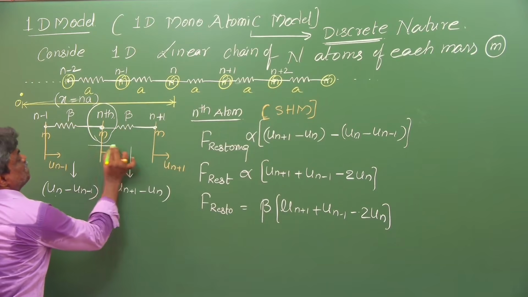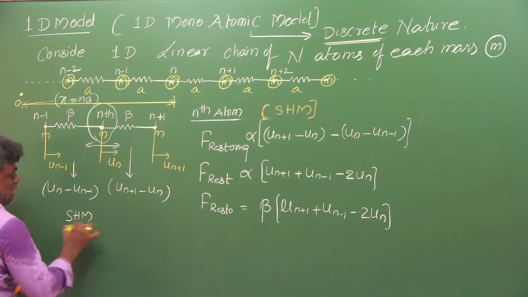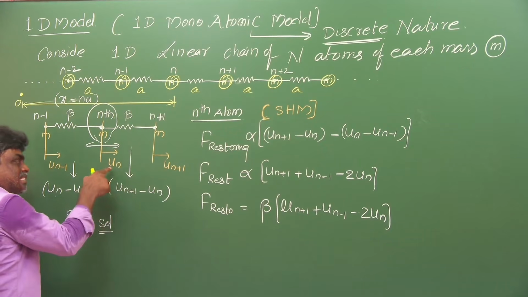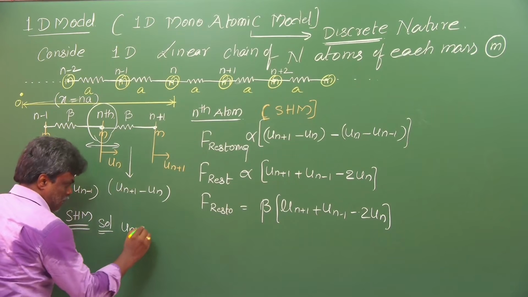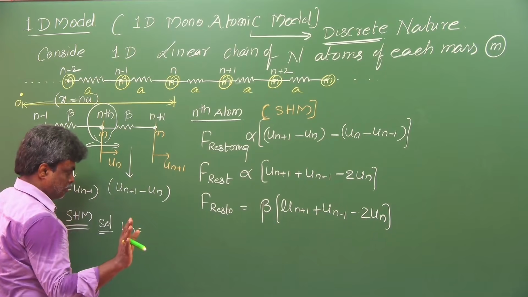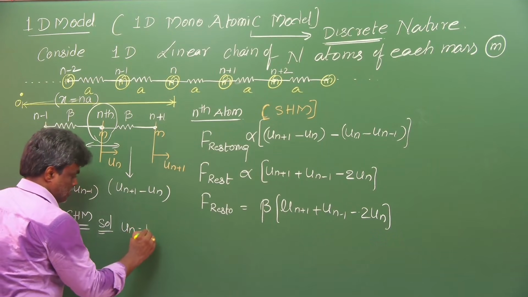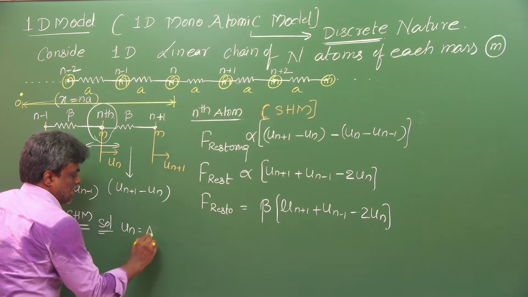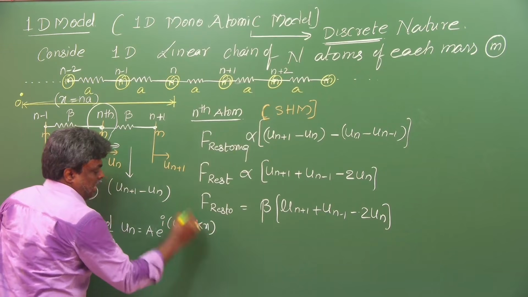Now this nth atom is making SHM. For SHM, everybody knows the solution. Solution means what you are finding, the x value. Here x is nothing but the displacement un. This un is equal to some amplitude, let's take u naught or a, e raised to i(omega t plus kx).